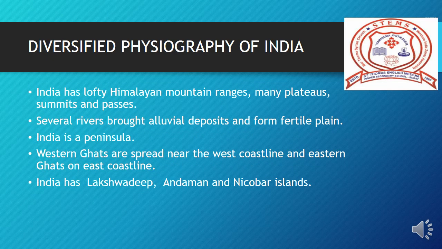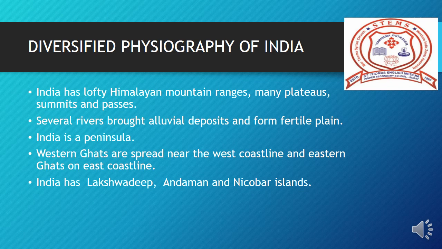Diversified physiography of India. India has lofty Himalayan mountain ranges in the north, and many plateaus, summits and passes are seen in the Himalaya mountains. India has many rivers both in north and south.